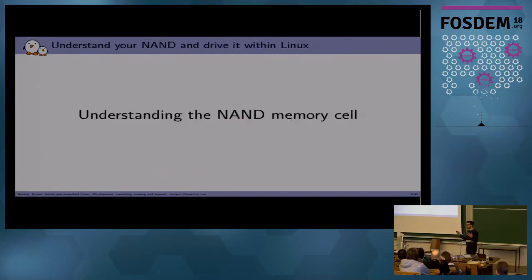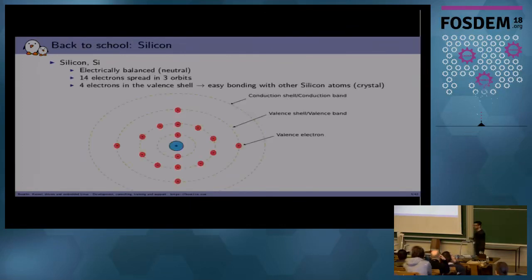So first, let's build our NAND memory cell. I will start very deep into the matter with the silicon atom. There is a nucleus with 14 protons and around it 14 electrons. It makes it electrically neutral. This is very important. On the last orbit, there are 4 valence electrons.